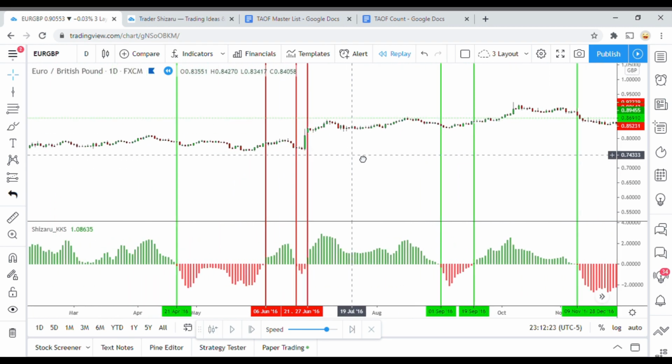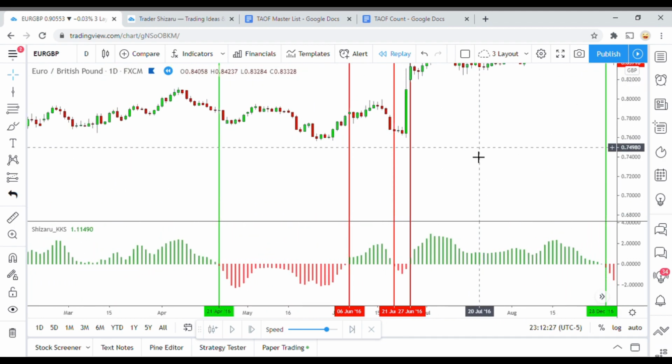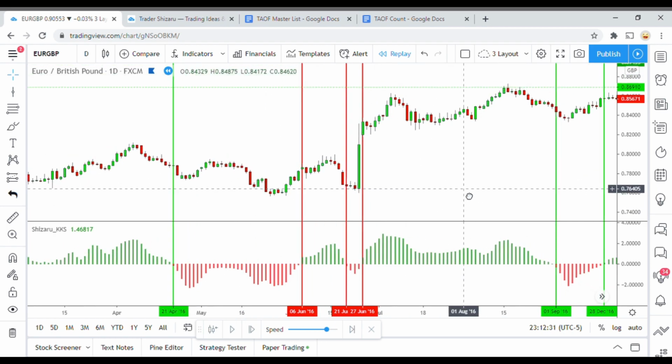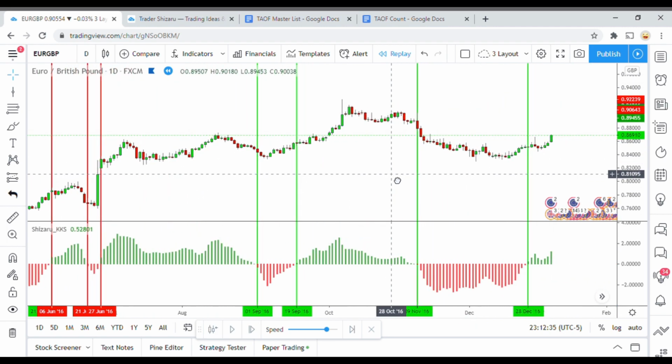My take on it is, I feel like it's a little slow at getting us into trades. That can be a good thing, that can be a bad thing. I think also it doesn't really give us enough signals in 1 year's time. I mean, is it horrible?